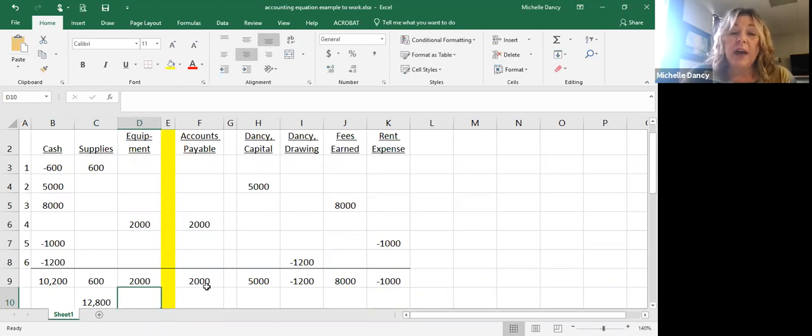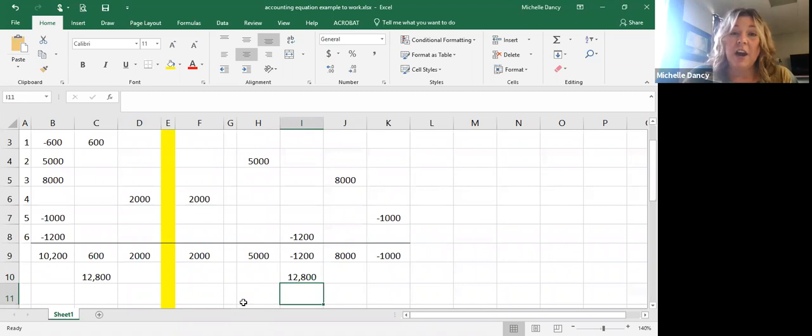If I say 2,000 plus 5,000 minus 1,200 plus 8,000 minus 1,000, then I also get a balance over here of 12,800. So I know that my equation is still in balance.